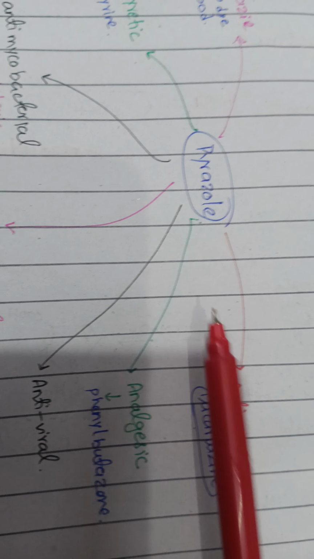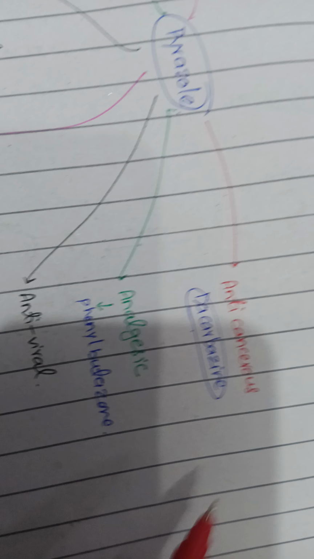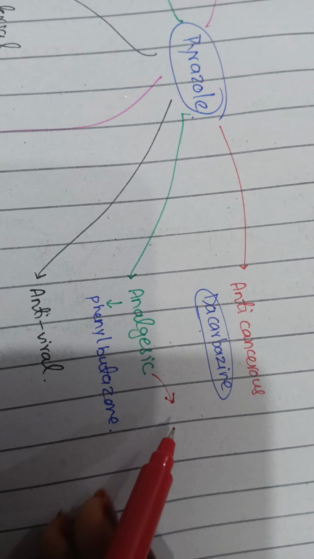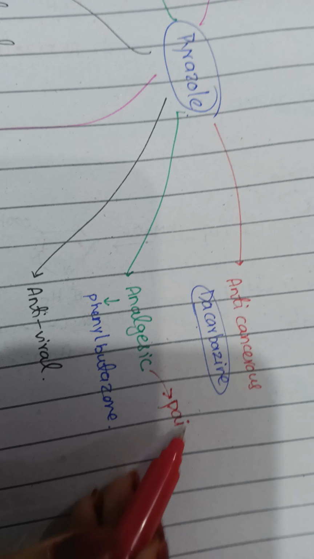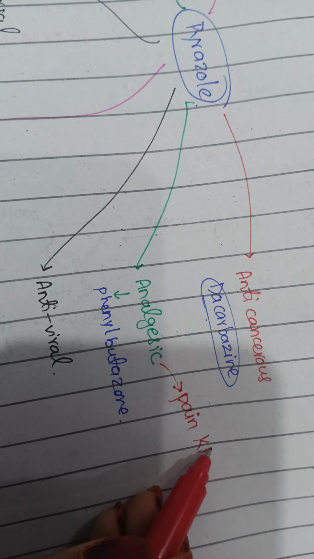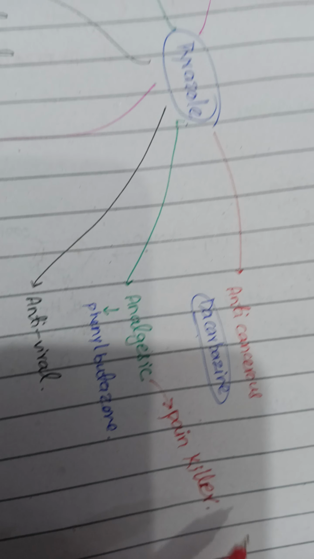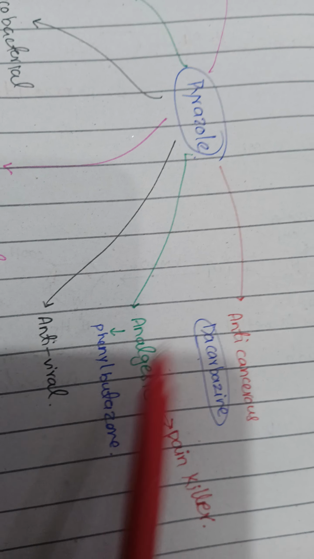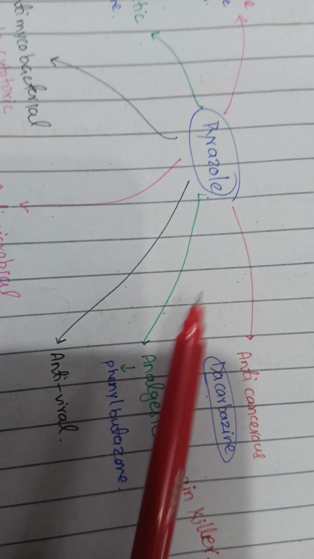Then the second important role of pyrazole is that it acts as an analgesic. Analgesic means it can work to make the patient unconscious, and it can also act as a pain killer. We make the patient unconscious so that the patient does not feel the great pain. So it acts as a pain killer. In pain killers, phenylbutazone, it is a medicine name, is present, and in phenylbutazone a ring of pyrazole is present.